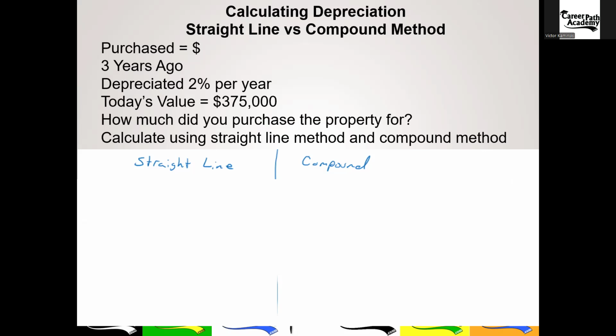Did it appreciate or depreciate? It depreciated, so you're going to be subtracting from 100%, right? And then are you trying to determine a current value or a past value? That'll determine whether you multiply or divide.